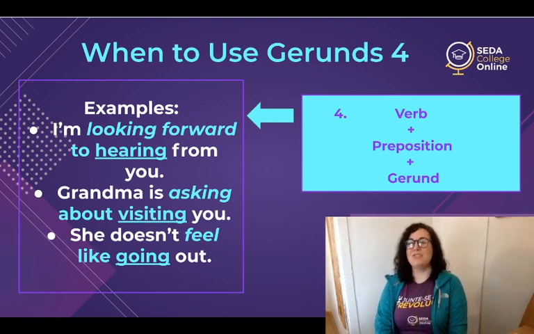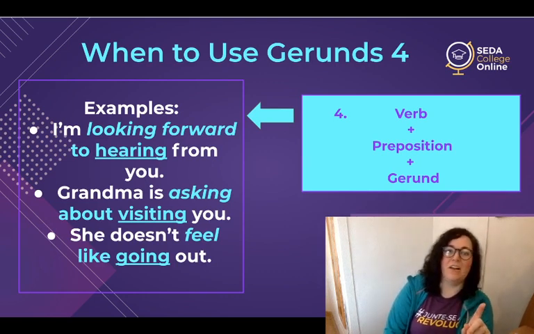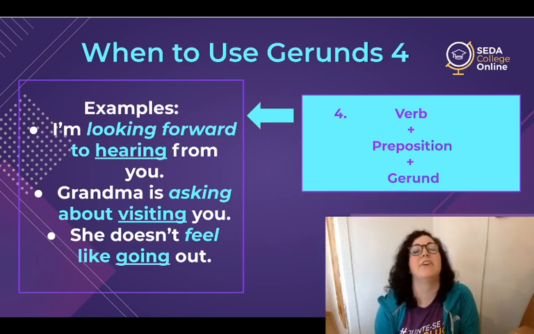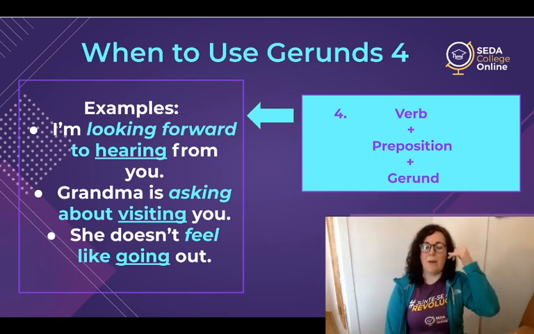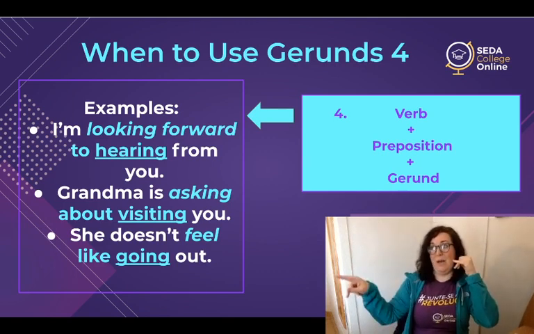And when do we usually say that? That's right, at the end of an email, often when we're applying for a job. Very good. Okay, next example, verb plus preposition plus gerund. Grandma is asking about visiting you. So maybe I'm on the phone with Grandma and I'm talking to my brother and I'm saying, Grandma is asking about visiting you.